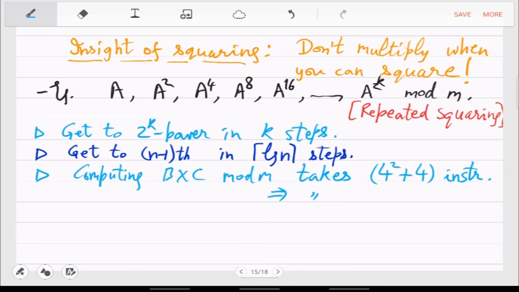So it's around 4 square plus 4 instructions, but then each instruction itself is adding numbers modulo m, dividing and finding the remainder modulo m. If m is growing, then that is again log m, another cost of log m. So it's around 20 log m time.